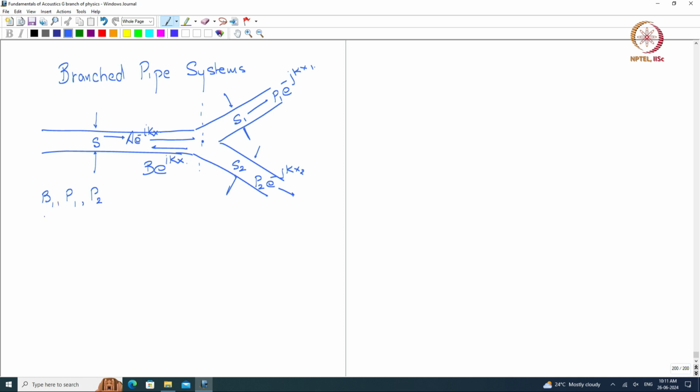Okay. So what are the conditions? We need continuity conditions to solve this. So at x equal to 0, or at the junction, A plus B must be equal to the pressure there from either of the pipes as you come towards the origin or junction.